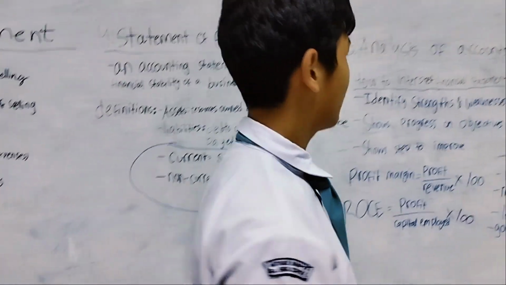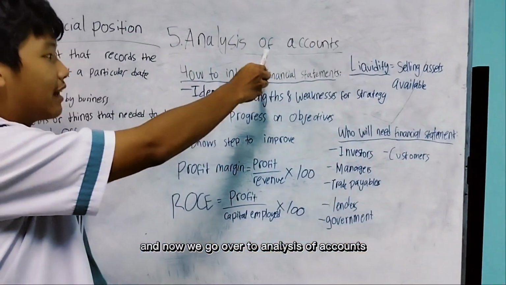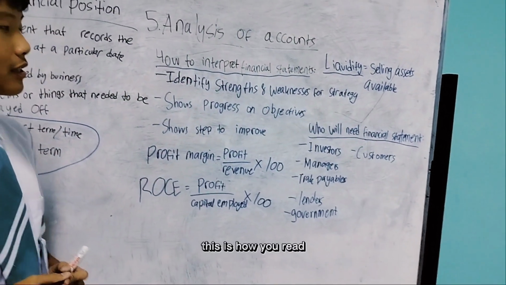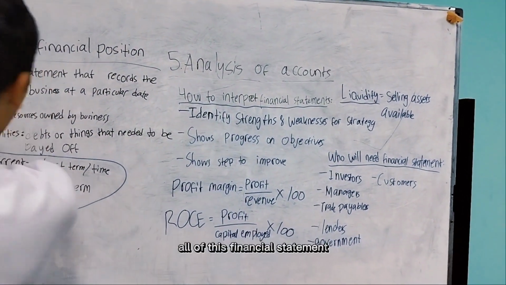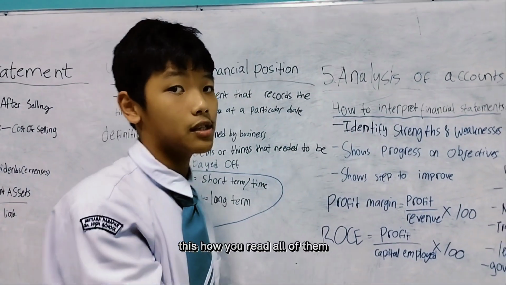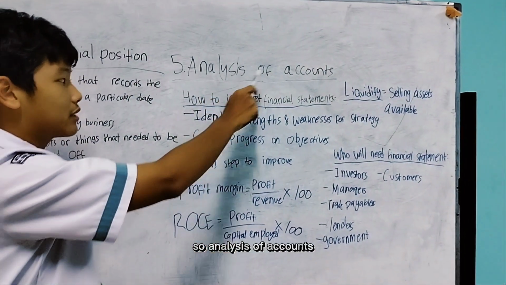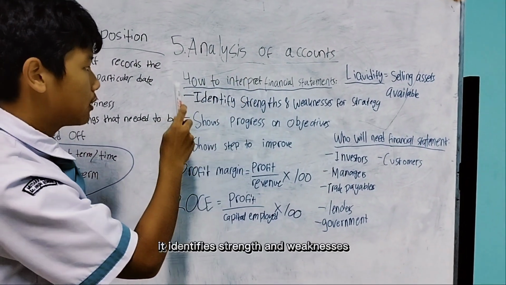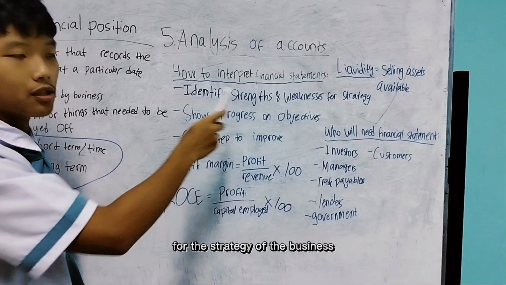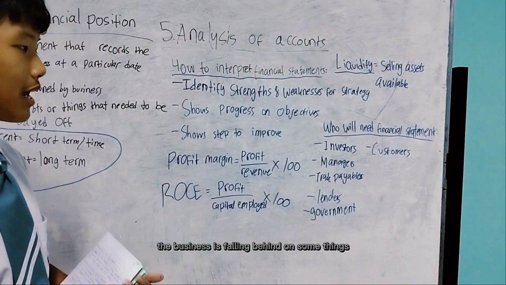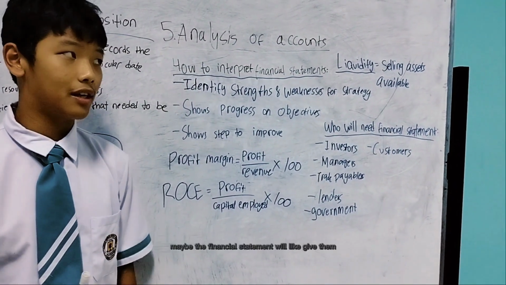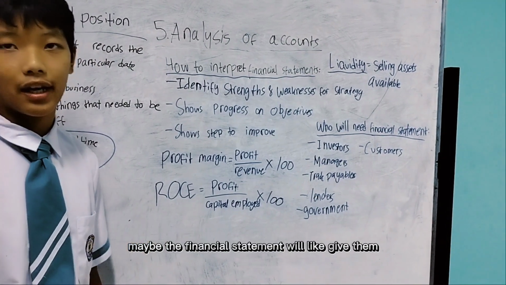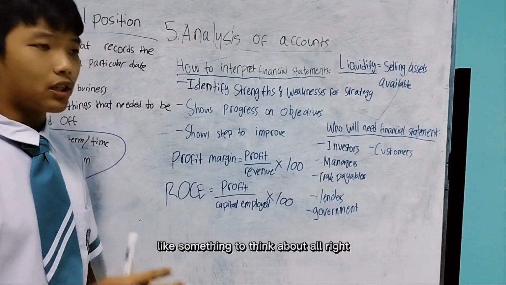Let's move on. Now we go over to analysis of accounts. This is how you read all of this, the financial statement and the income statement. Analysis of accounts is how to interpret them. It identifies the strengths and weaknesses for the strategy of the business. Let's say the business is falling behind on some things. The financial statement will give them something to think about.